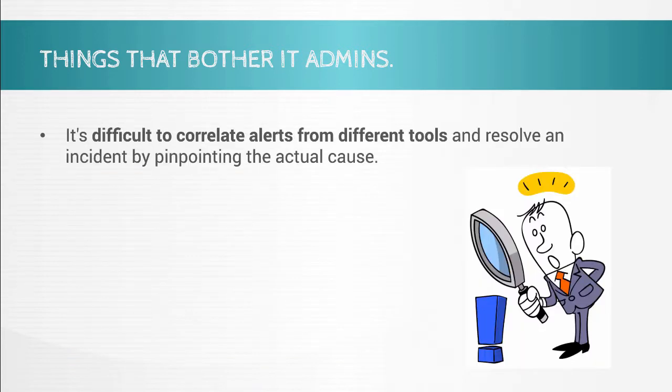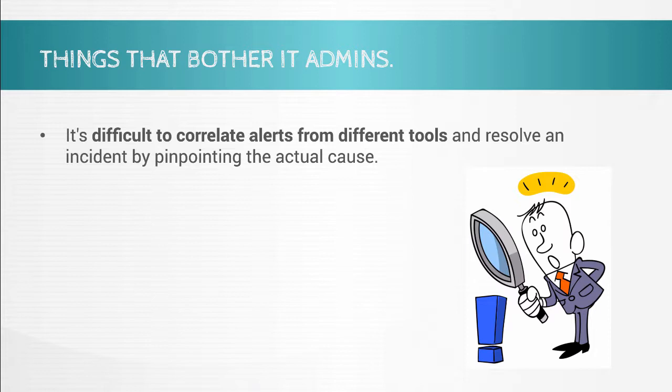And the second thing is that it's difficult to correlate alerts from these different tools and resolve the event by pinpointing the actual cause of the incident. For example, let's say you monitor your website using Site24x7 and you monitor your network using NetFlow Analyzer, and suppose there is a network outage and your website has gone down.